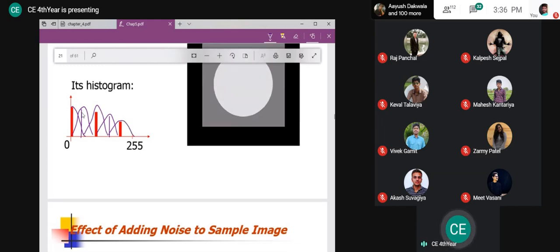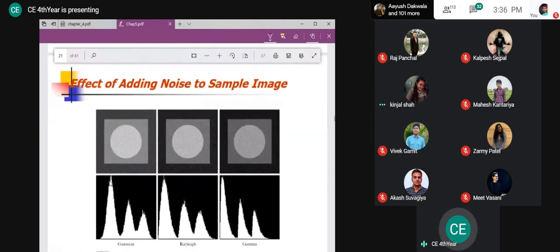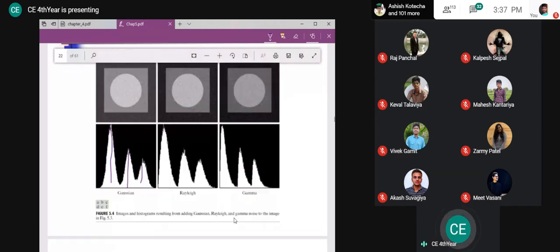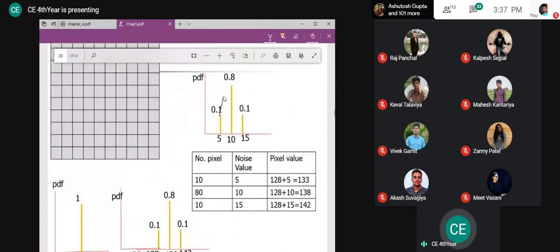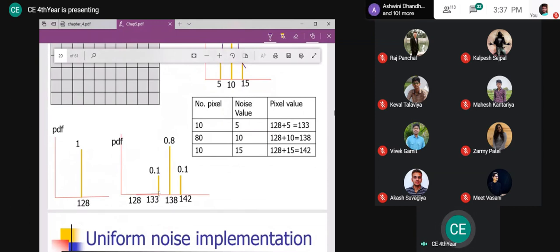Here the shape was clearly visible because my three intensities were separate enough that I can see the three different shapes. Same we have seen with the example also: if this is the shape of my noise and this is the PDF, then the noise will get shifted to the location or nearby location of my intensity. The shape is shifted to the location of my intensity, because what we have considered is that noise is additive.